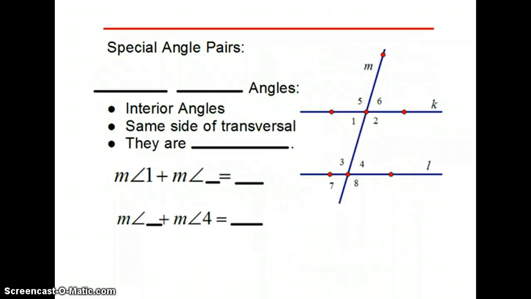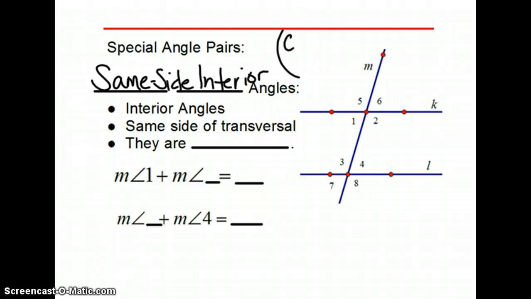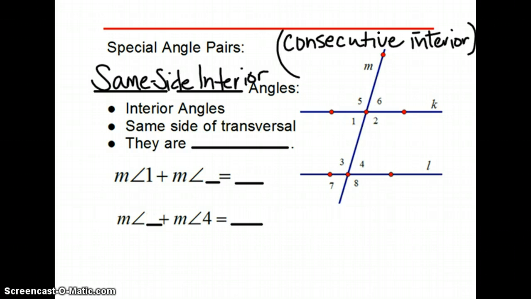So the next kind, every relationship pair we've looked at so far has been congruent. These angle pairs that we're going to look at now are the only ones that are not congruent. They are supplementary. And these are going to be same side interior, or consecutive interior.